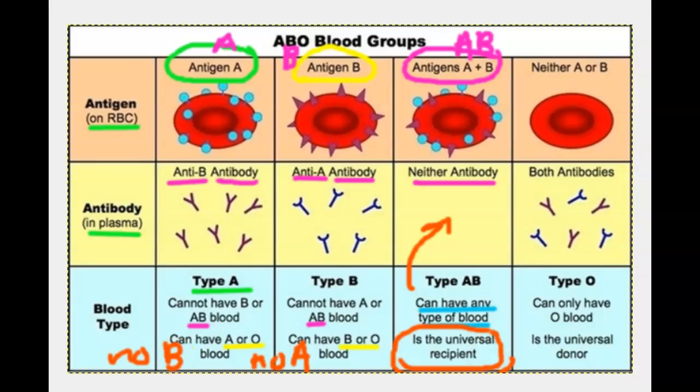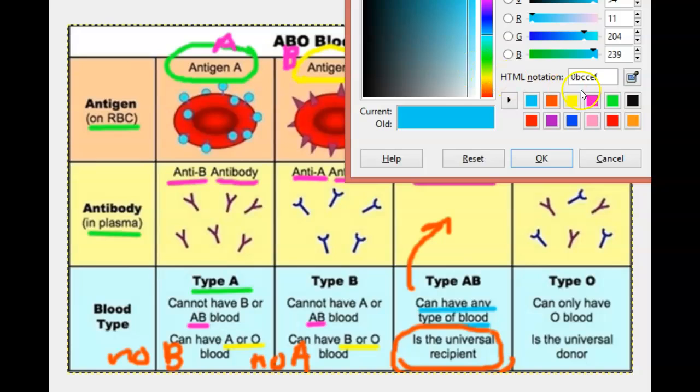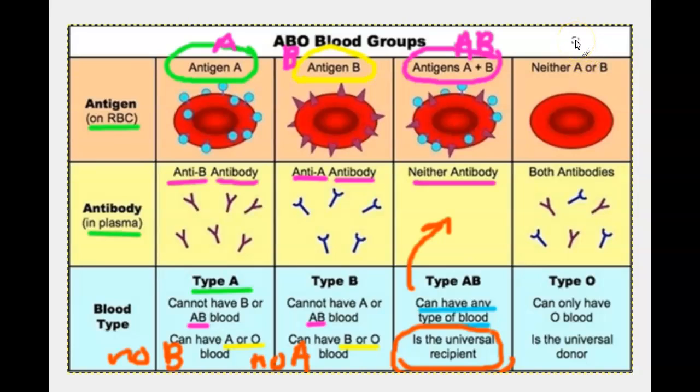Alright, next we'll look at O blood. O blood actually is the most common blood. Why is it called O blood? Because it does not have any antigens. So no antigens. But look what they have.